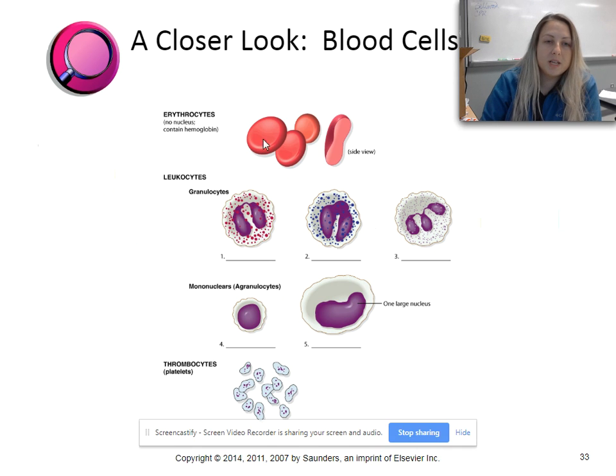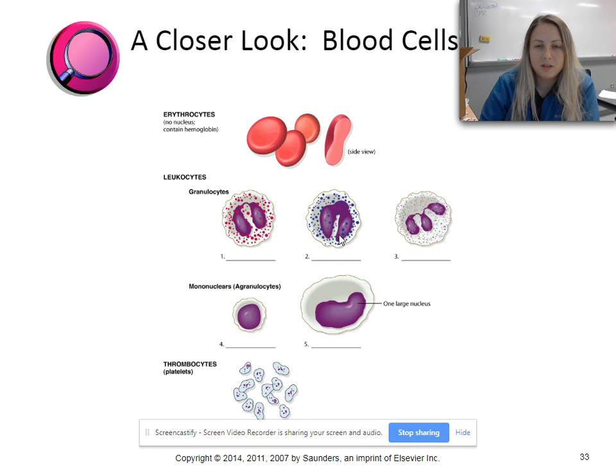Right, so your erythrocytes, these red blood cells, kind of look like a donut, but there's not a hole in the center. Right, so there's like a divot on either side, and it's circular. Okay, they don't have a nucleus, right? It's a protein. Okay, the leukocytes. So here's an eosinophil.